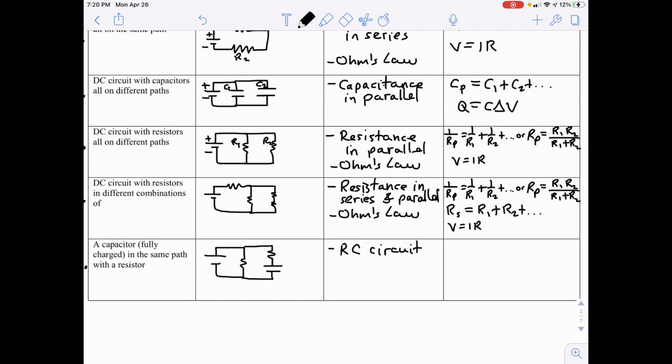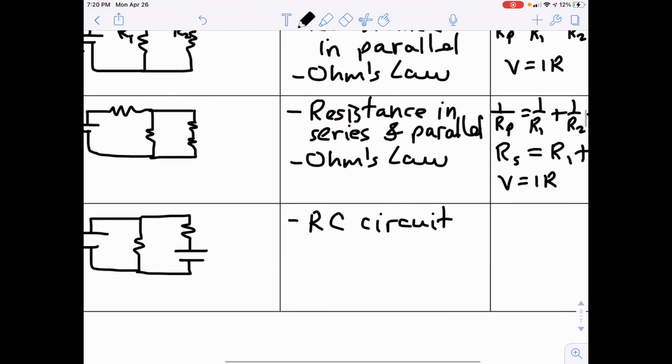Okay, RC stands for resistor capacitor. And we're talking about fully charged means steady state capacitance would be the concept involved here. And we, of course, need to understand that steady state capacitance means that a fully charged capacitor acts like an open switch. No current through that part of the loop.